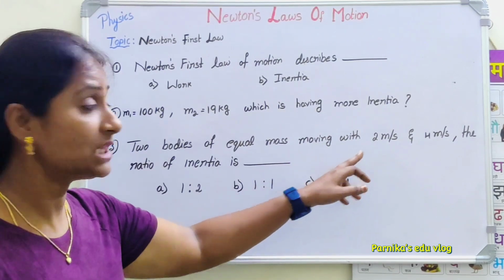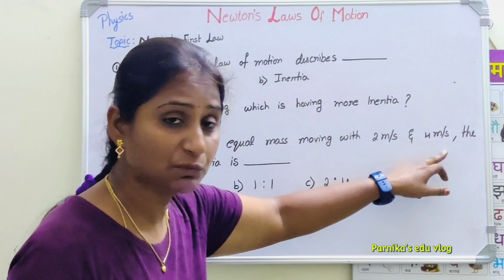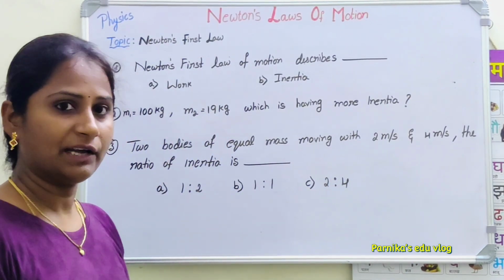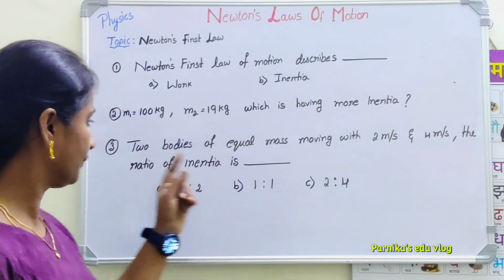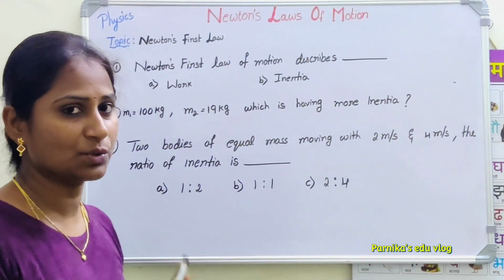But one is moving with 2 meter per second speed and the other is moving with 4 meter per second. They are traveling with different speeds. Now, the ratio of inertia is what? That is the third question.